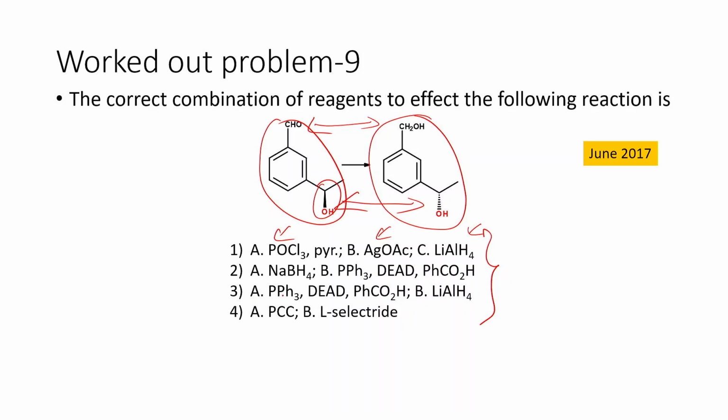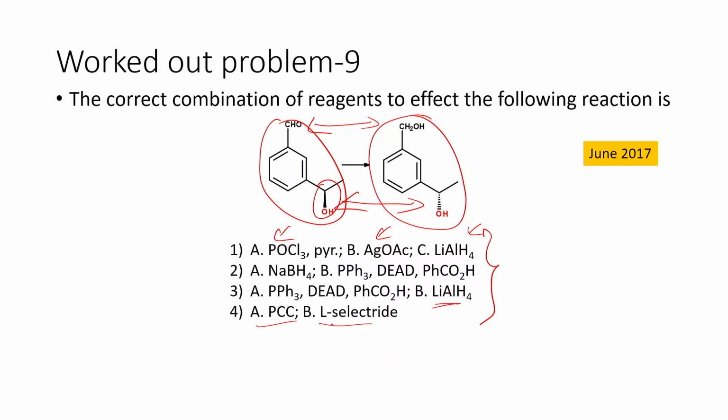And in the third one we have triphenylphosphine, DEAD and benzoic acid for the esterification reaction, followed by lithium aluminum hydride reduction. And the last one is PCC-based oxidation and reduction by L-Selectride. So these are all the options.